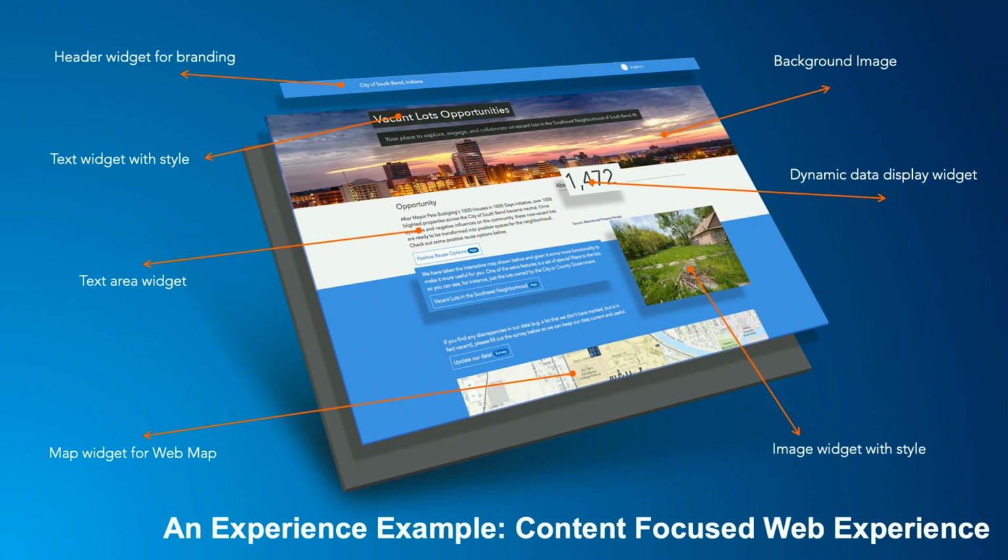On the screen, you can have normal web elements like a header and text area, or some dynamic numbers. You can still have a map, but you don't have to take the whole map-centric approach. You can have a page, but you can still go back and do the map-centric things as Web AppBuilder does.